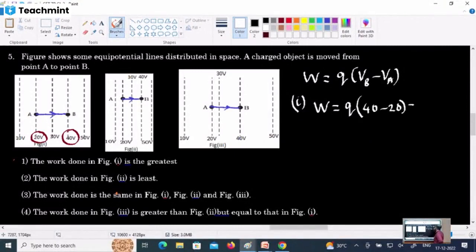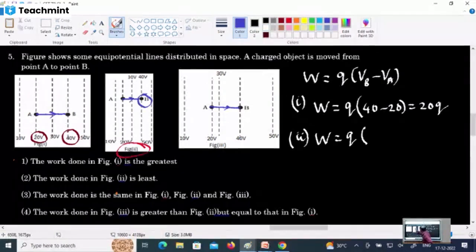So that will give you 20 Q. Then let us look at the second case. In figure 2, W is equal to charge times potential difference. The final potential at B is 40 volt minus A, that is 20 volt. So 40 minus 20, that also will give you 20 Q. That means the work done in the first and second case will be the same.